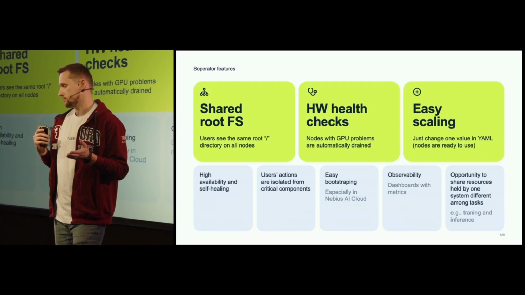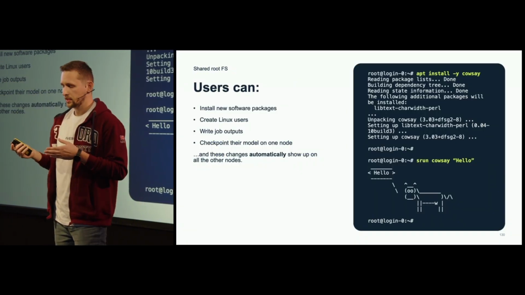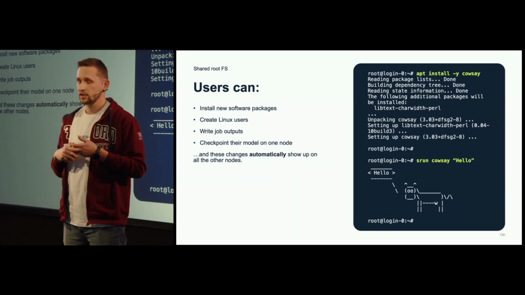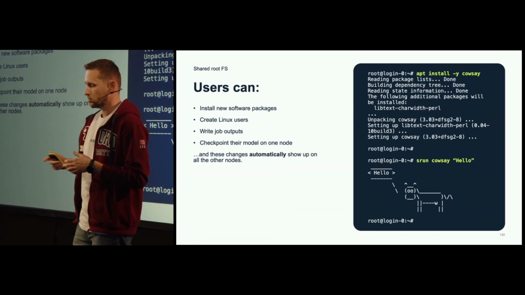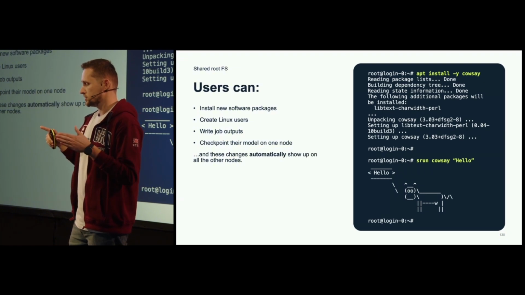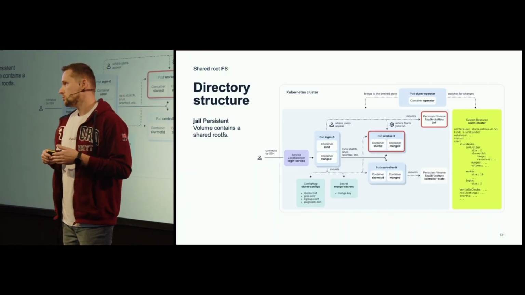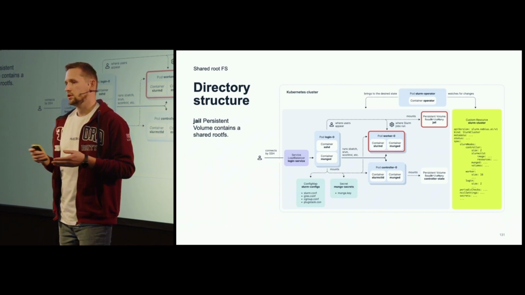Soperator has a lot of features. One of them: users can install applications, add or remove users, or add some files, and all of the changes automatically show up on all other nodes. It's possible because we use a shared rootfs.